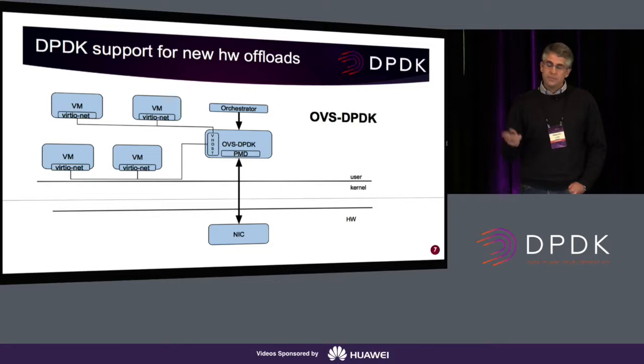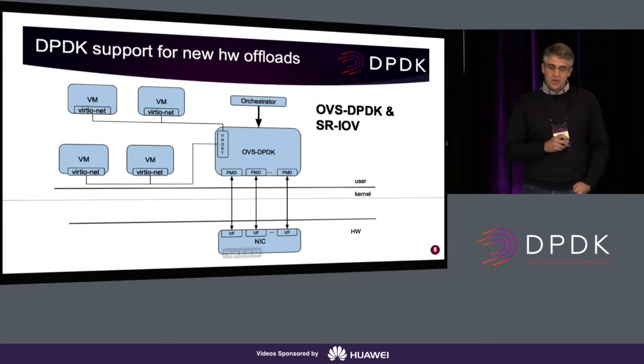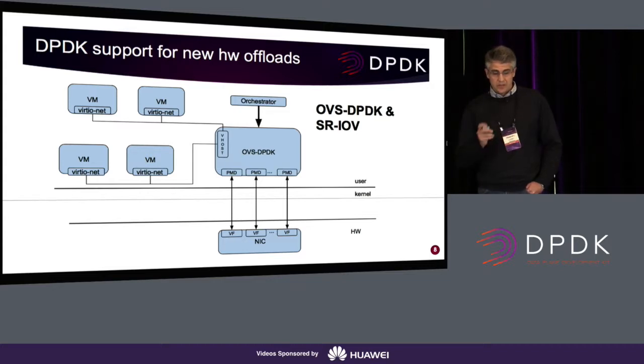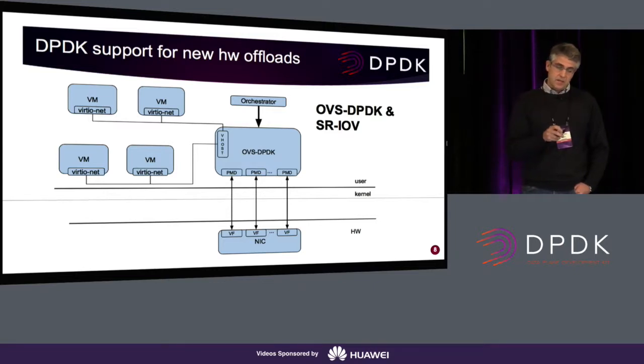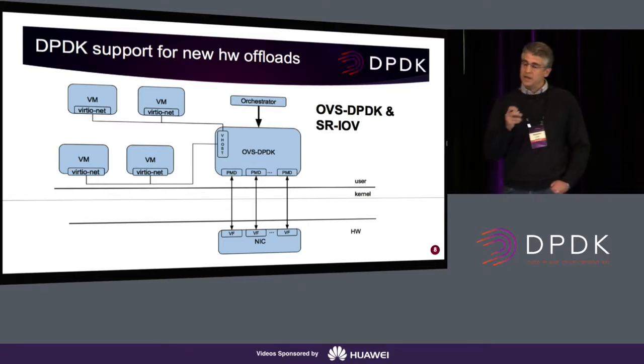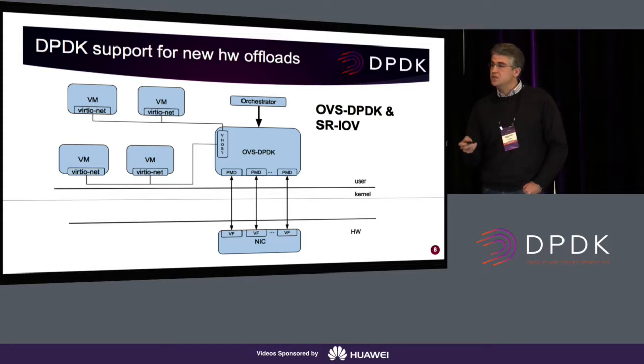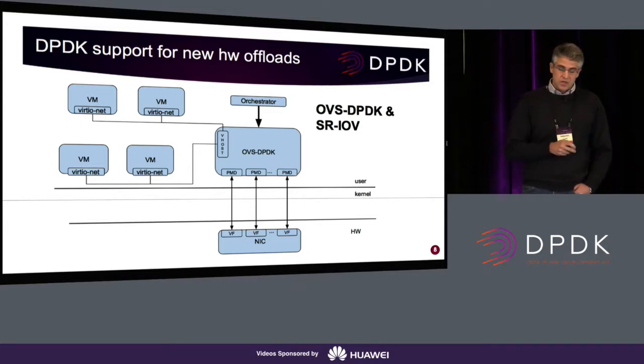So this is how SR-IOV is usually used with DPDK. The VMs are not using SR-IOV, but they are using, like our solution, as I explained before, a two-step journey to the NIC.